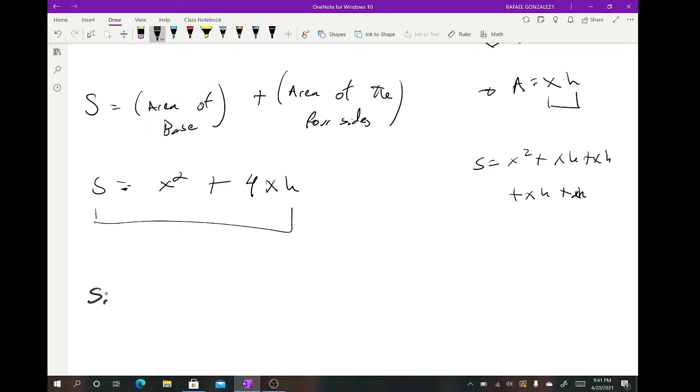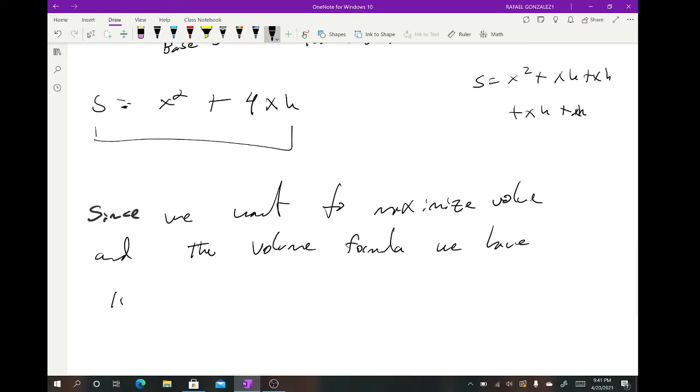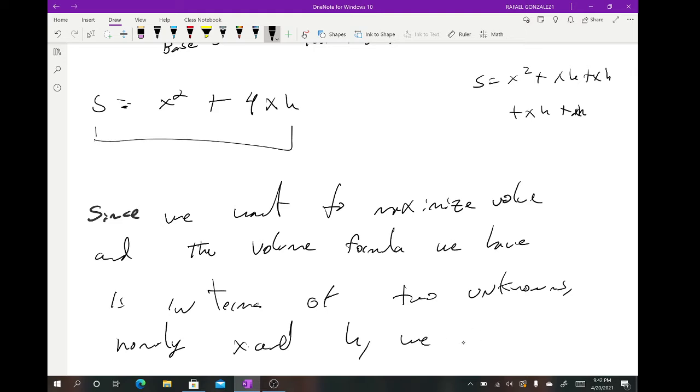So since we want to maximize volume, and the volume formula we have is in terms of 2 unknowns, namely x and h, we will use the secondary equation.